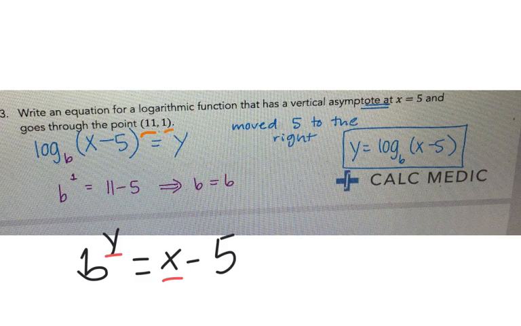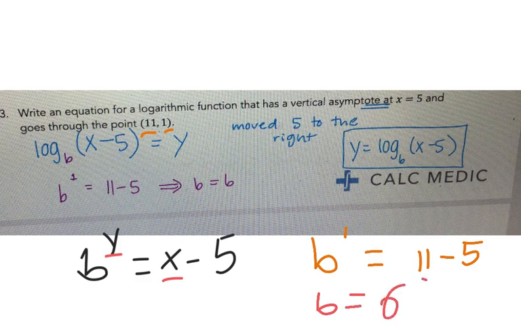So if I plug those in, this becomes b raised to the first equals 11 minus 5. Now I just have one unknown. So b to the first is b, 11 minus 5 is 6. So now I know that the base must be 6. And so it's y equals log base 6 of x minus 5.